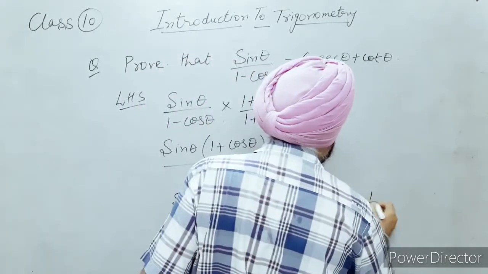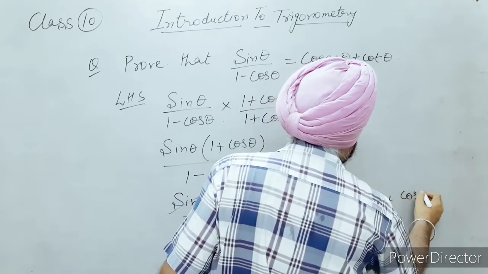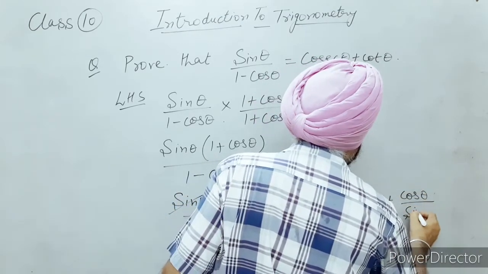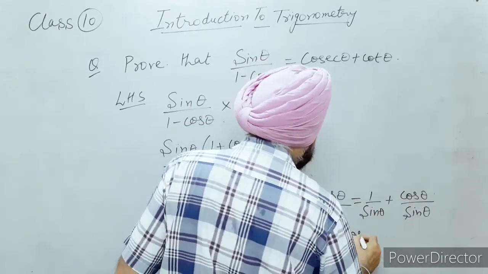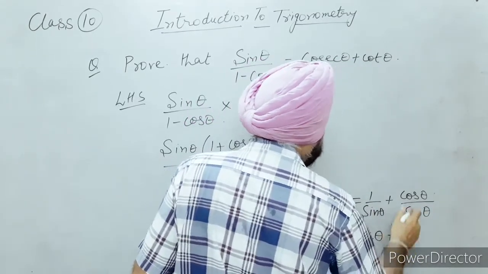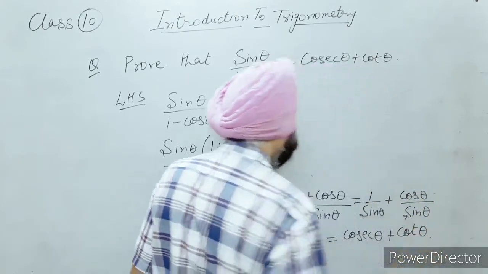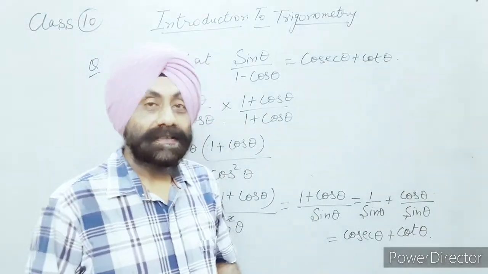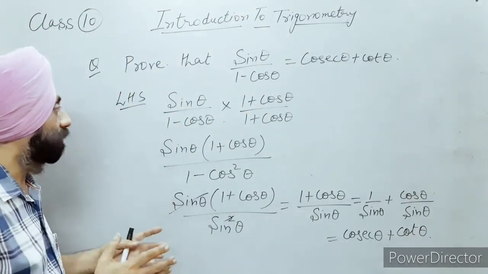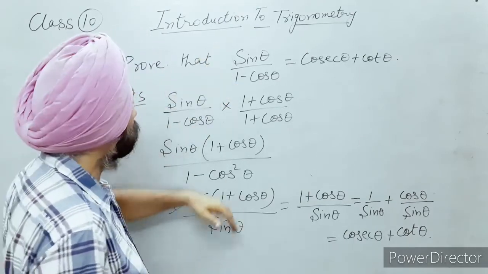I get 1 upon sin theta plus cos theta upon sin theta. 1 upon sin theta is cosecant. Cos upon sin is cotangent. I get the right hand side. This is the technique to solve the sum.